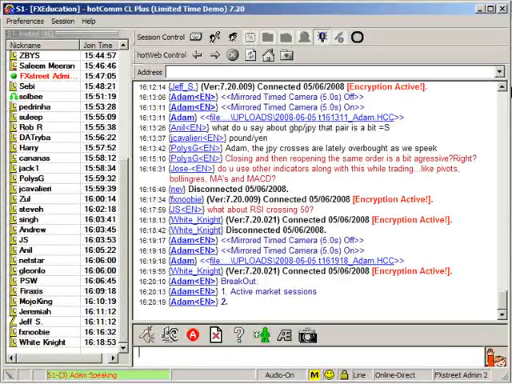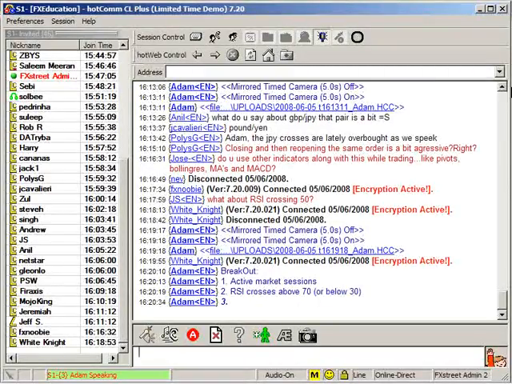Number 2, I only want to buy when the RSI crosses above 70, obviously, or below 30 to sell shorts. And number 3, I want to make sure that the market is at a new high or low. Very important. Those 3 conditions have to take place in order for me to buy breakouts.